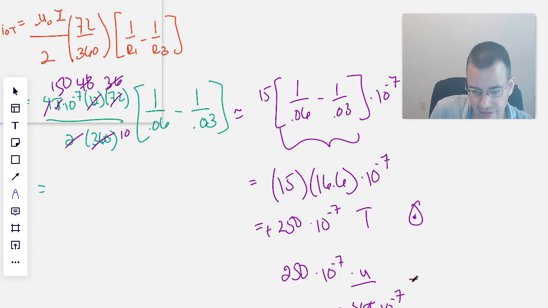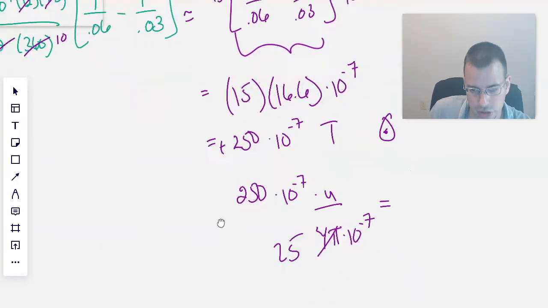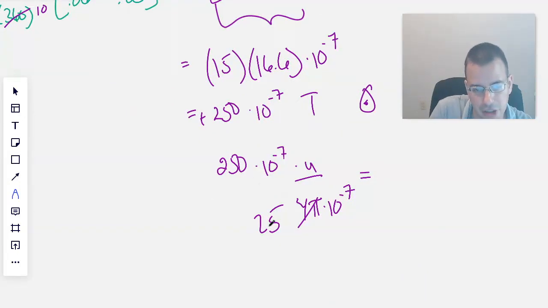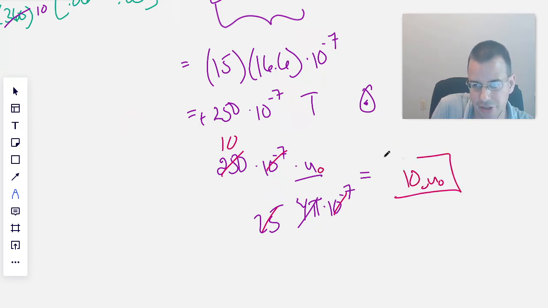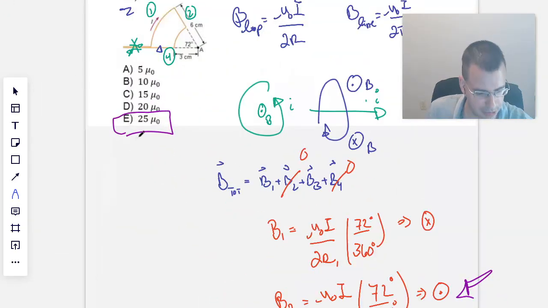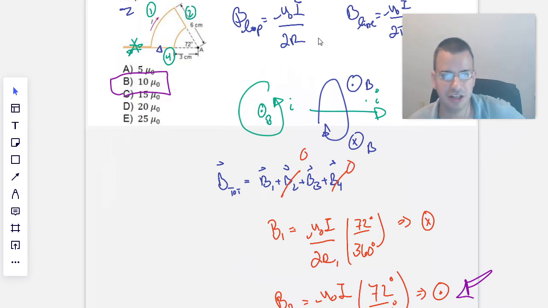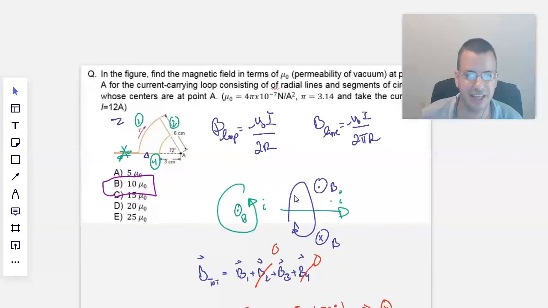So scroll down a little bit. So this becomes 10, that cancels, and we have 10 mu naught. That's just a mu naught right there. So the value here is going to be 10 mu naught. So the answer for this one, I would say, is 10 mu naught.